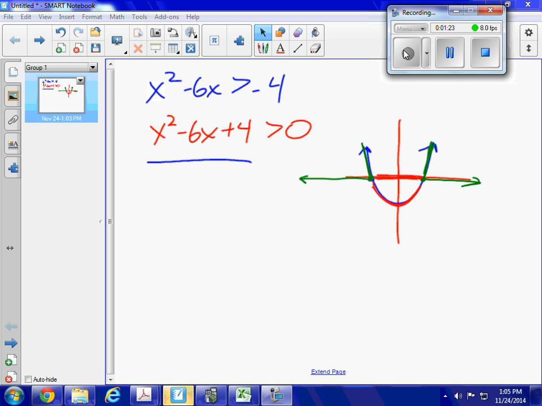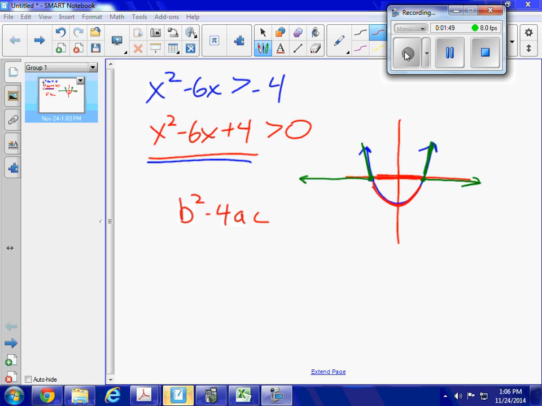The first thing I want to find out, though, is whether or not this quadratic expression has real roots. Does it actually cross the x-axis? I'm going to find out by using the discriminant of the quadratic formula, b squared minus 4ac.